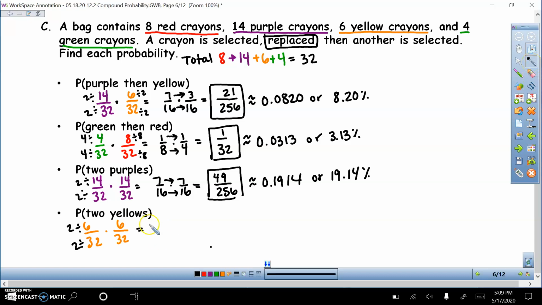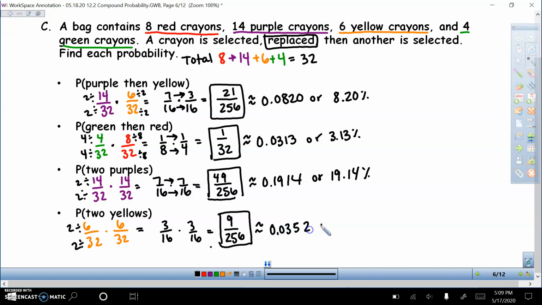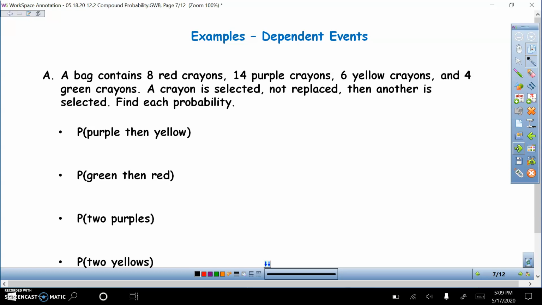That should be 3/16 times 3/16, which would give us 9 out of 256. Which this is a little less likely, obviously, than drawing 2 purples. This would be approximately 0.0352 or 3.52%.